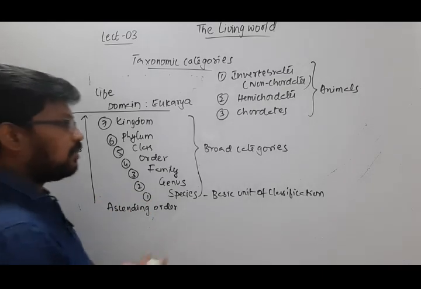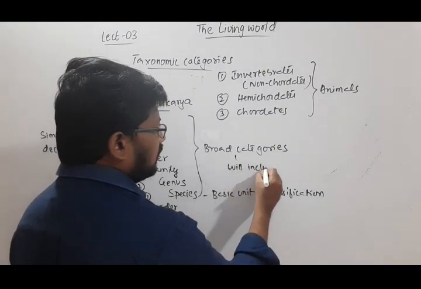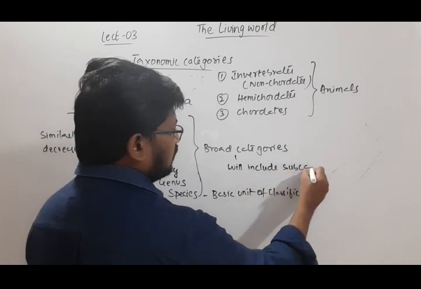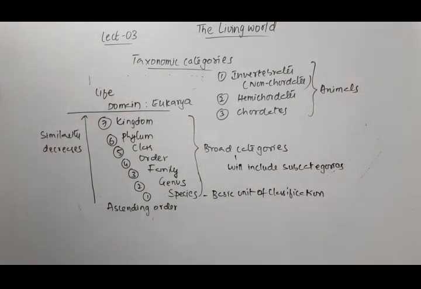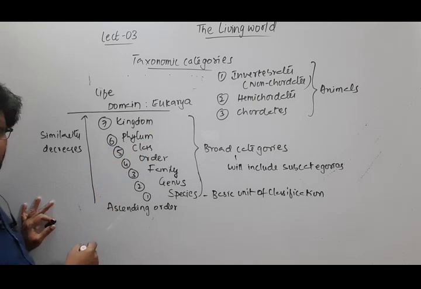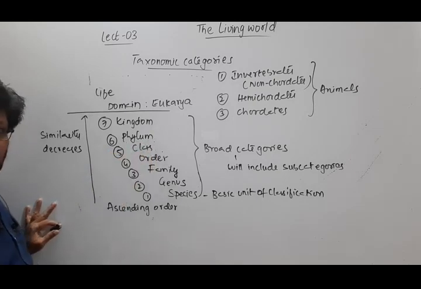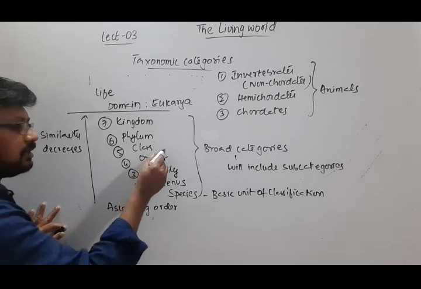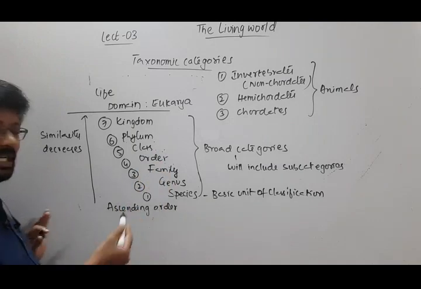So these broad categories include subcategories, like subkingdom, subphylum, superclass, subclass, superorder, suborder, superfamily, subfamily, and it goes like that.